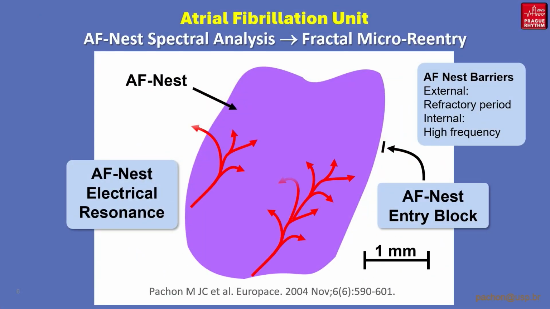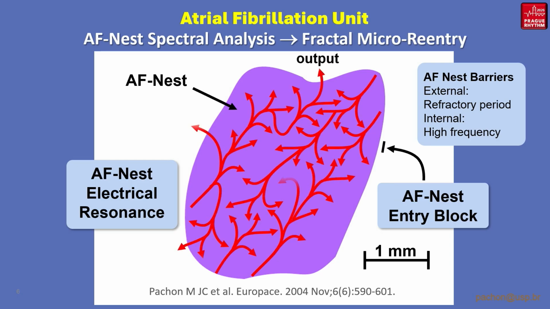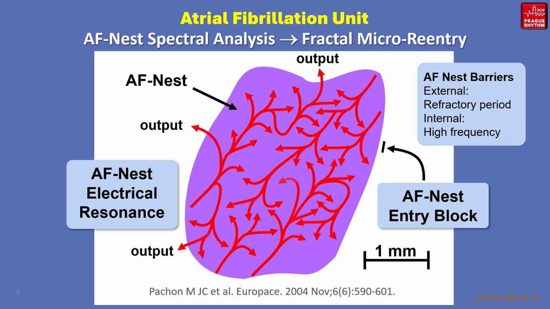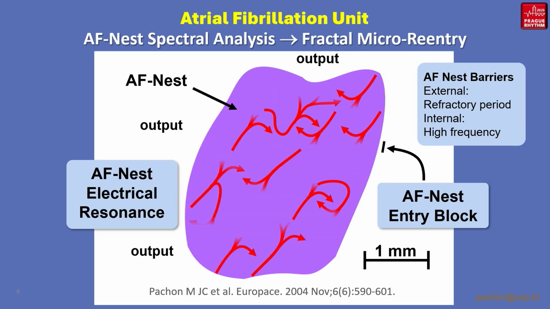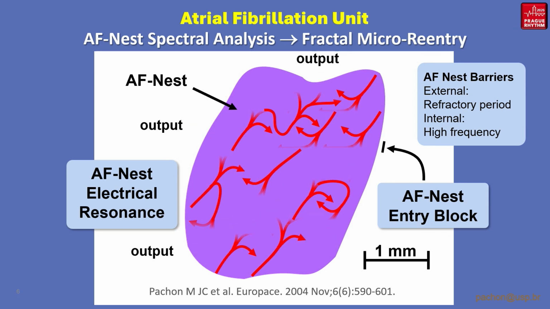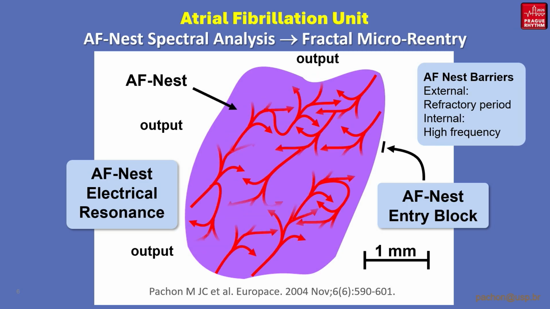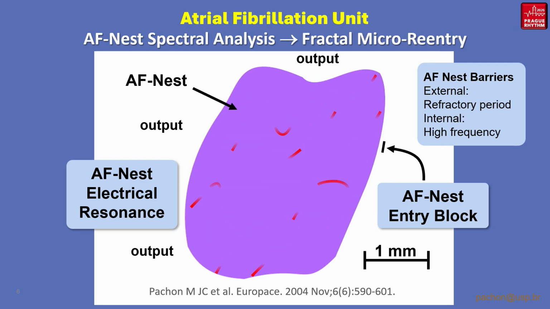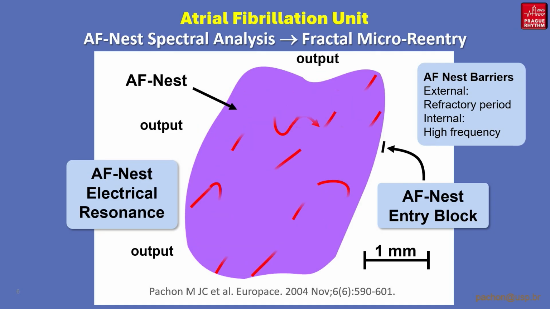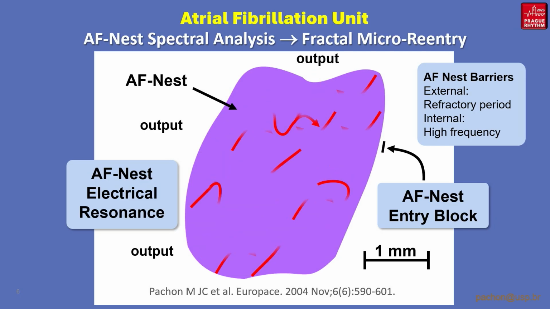I would like to show you the new concept about the atrial fibrillation nest. Inside the atrial fibrillation nest, which consists of very narrow, very discrete areas in the atrial wall, we can see a specific type of micro-reentry that we can observe during spectral analysis. It is the fractal micro-reentry that occurs inside the atrial fibrillation nest, and the nest presents boundaries.